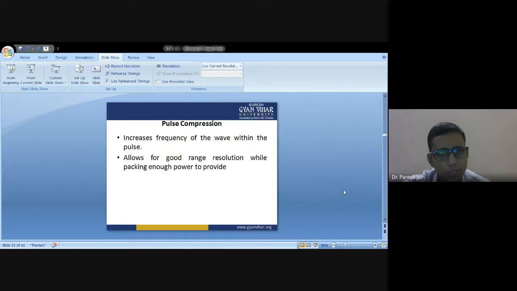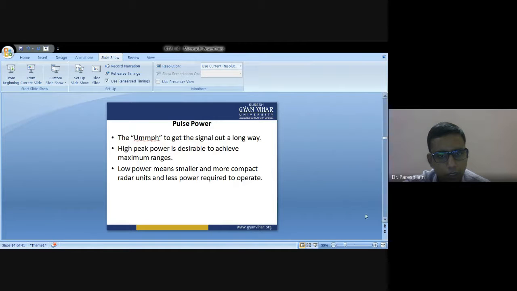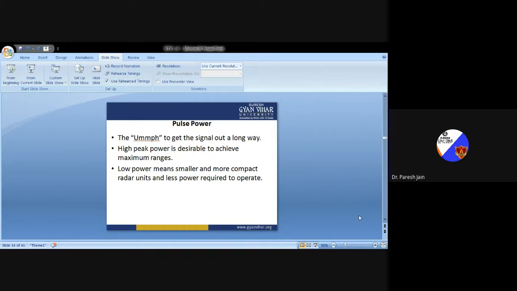Pulse compression increases the frequency of the wave within the pulse, which allows for good range resolution while packing enough power. And last is the pulse power, the last factor that affects the pulse in the radar system.